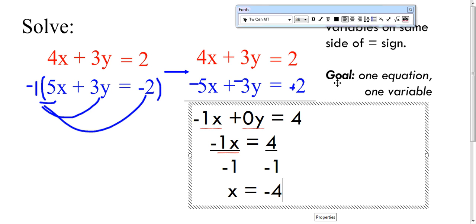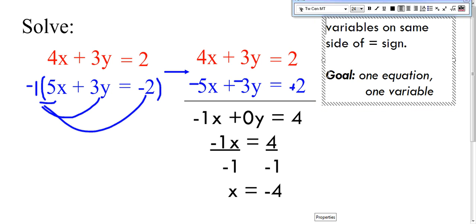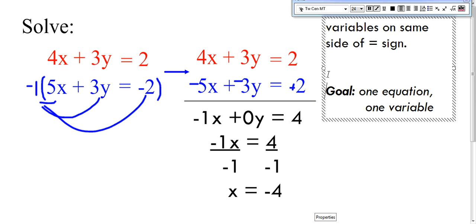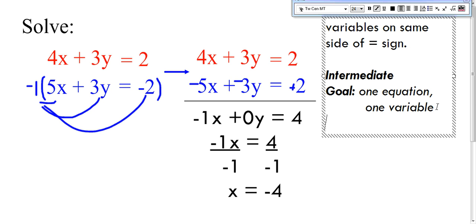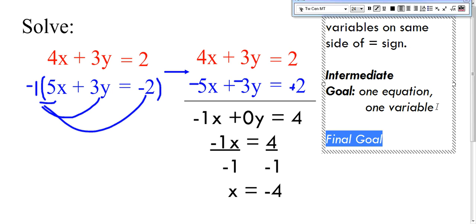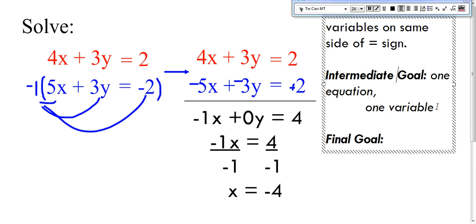Now again, remember, actually maybe we should do this. We'll change this to intermediate goal. Final goal. Now, let me do this. You know me, always one for making sure things look nice.